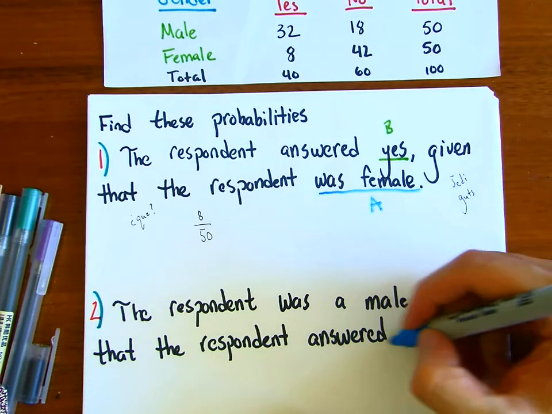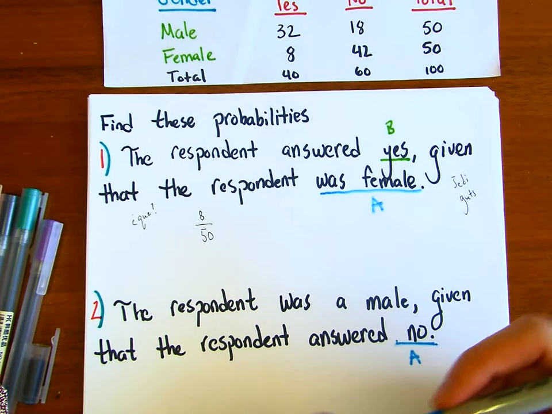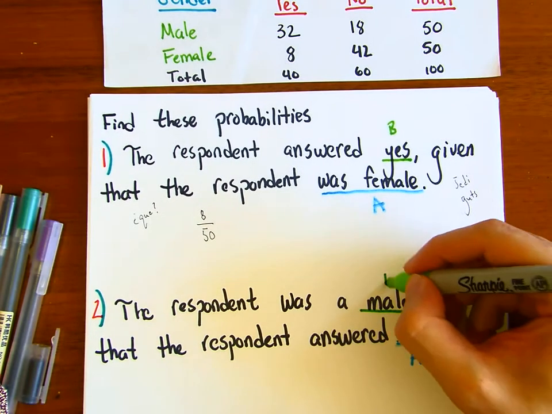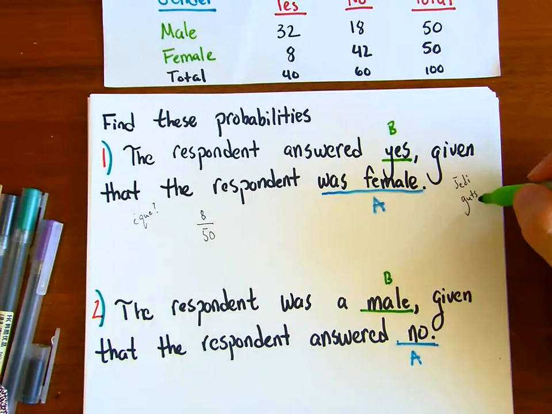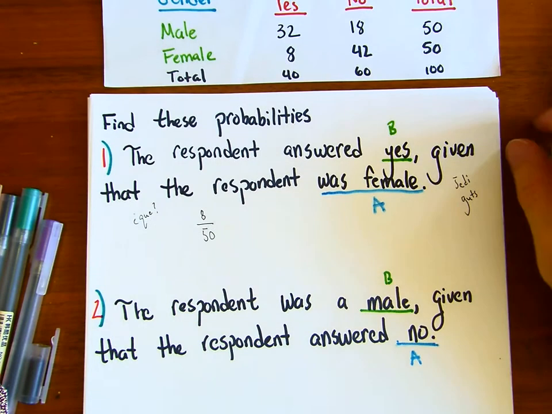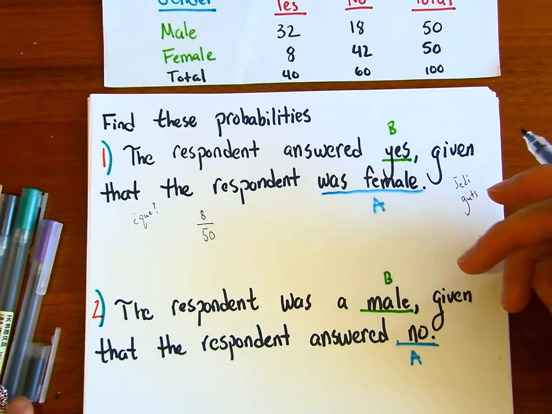Now let's take a look at this one. The respondent said no, given it was a male. Try to use your Jedi or gut instincts and figure this one out. Pause the video if you want.